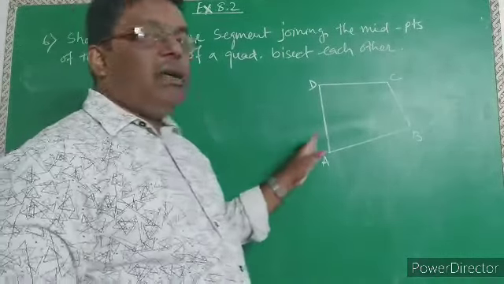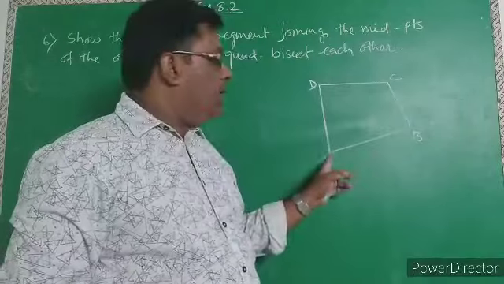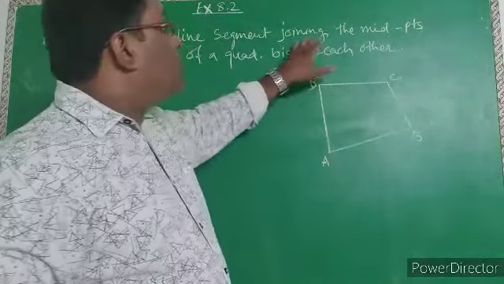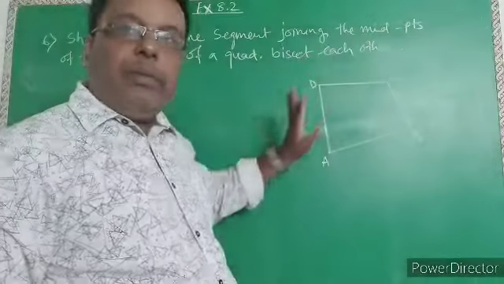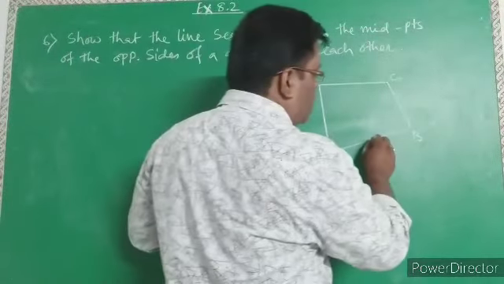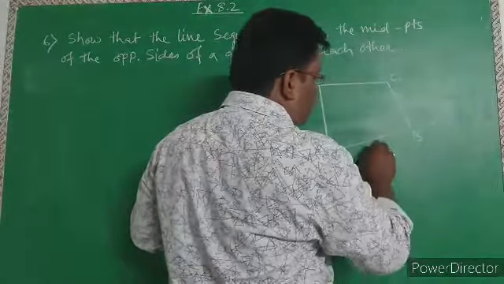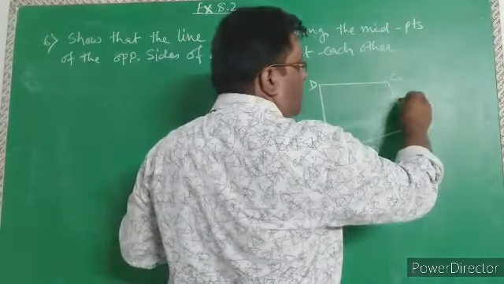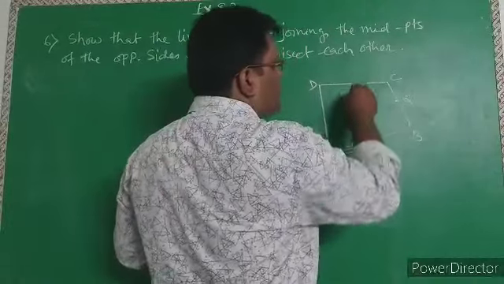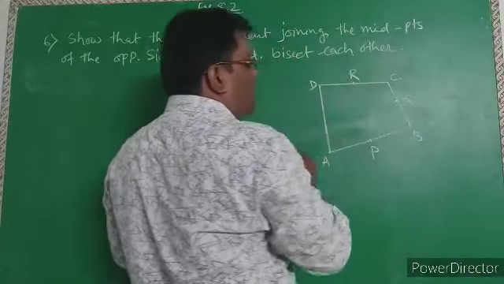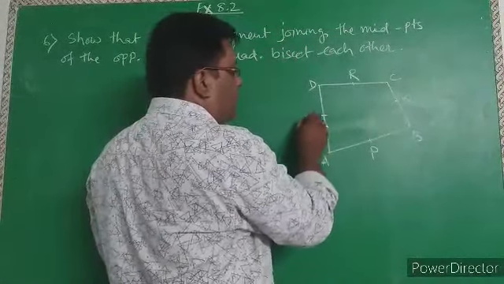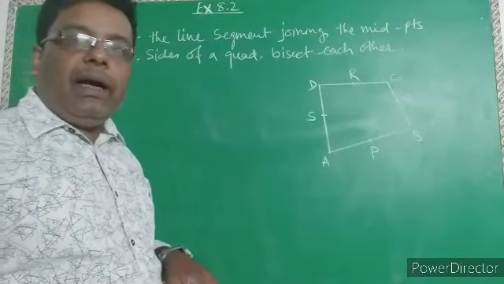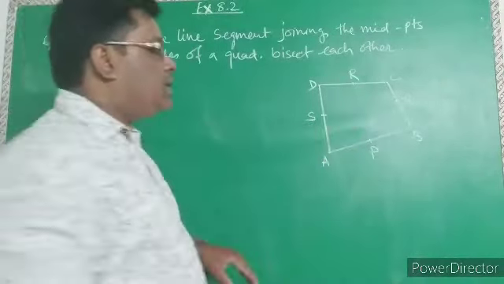So we take a quadrilateral ABCD, and joining the midpoints, let us suppose P is the midpoint of AB, Q is the midpoint of BC, R is the midpoint of CD, and S of DA. So you get PQRS as the midpoints of these sides.